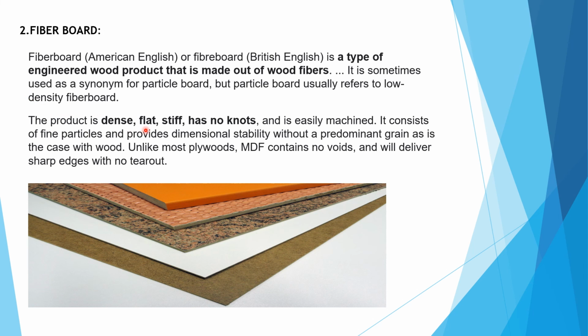The product is dense, flat, stable, has no knots, and is easily machined. It consists of fine particles and provides dimensional stability without a predominant grain, as is the case with wood. Unlike most plywood, it contains no voids and will deliver a sharp edge with no tear out.